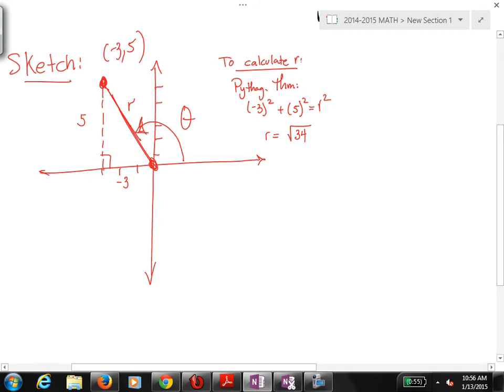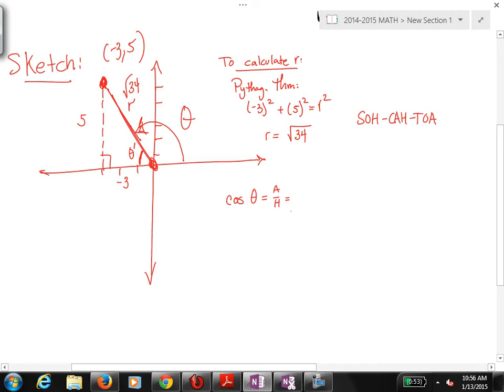Now here, by the way, I forgot to label, here's the reference angle. And now when you're trying to find the 6 trig function values, we're going to use this theta. If I want to find, for example, cosine of theta, let me put that this is the square root of 34. I know cosine of theta from SOHCAHTOA is what? Adjacent over hypotenuse.